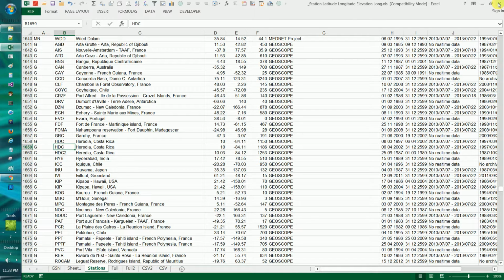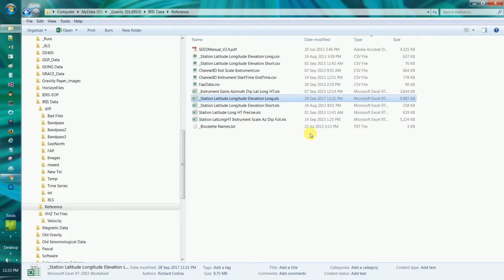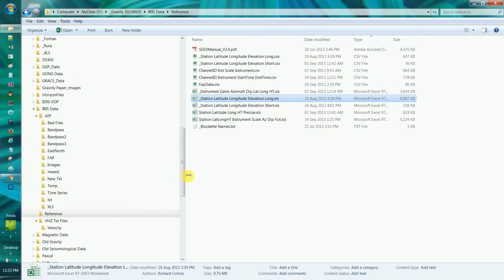And they could be used as 3-axis gravimeters, or at least, 90% of the time, certain instrument types can be used for vertical gravimetry. There's a few where they took the time, and they're also good for 3-axis gravimetry. I'm trying to leave these in their original form once I do this. So that's kind of the state of affairs there.